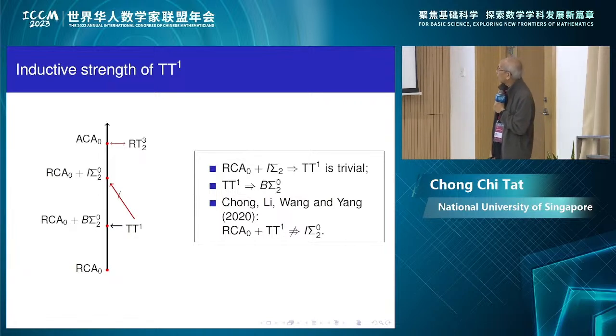We showed that actually the tree theorem, while it is trivial when you're at the level of sigma 2 induction or above, is highly non-trivial when you get rid of that. You can still produce a model of the tree theorem without sigma 2 induction.